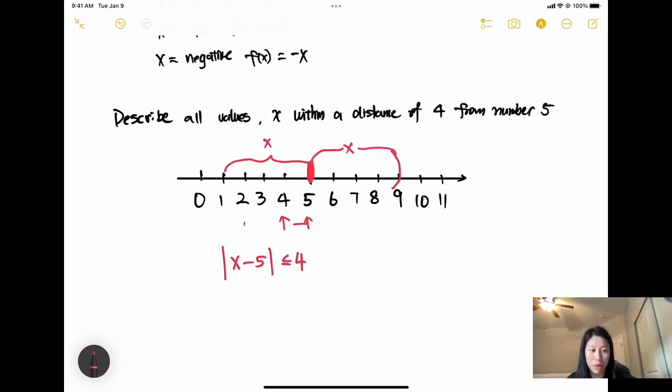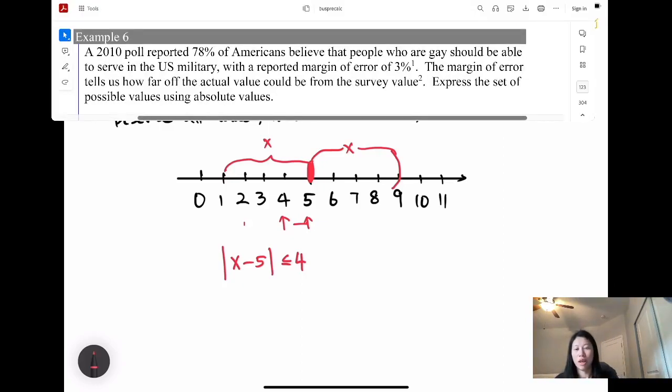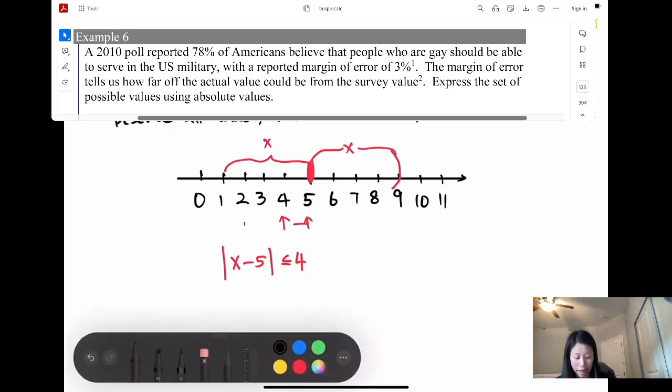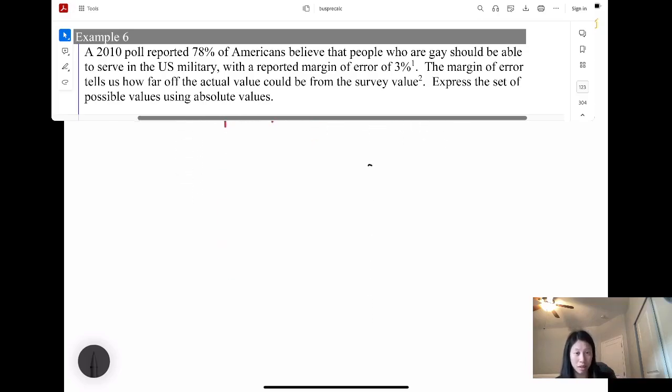Okay, here's the example that we have. A 2010 poll reported that 17% of Americans believe that people who are gay should be able to serve in the U.S. military, with a reported margin of error of 3%. The margin of error tells us how far off the actual value could be from the survey value, expressed as a set of possible values using the absolute value. So there's a 3% margin of error. That means in reality, this is from the poll.